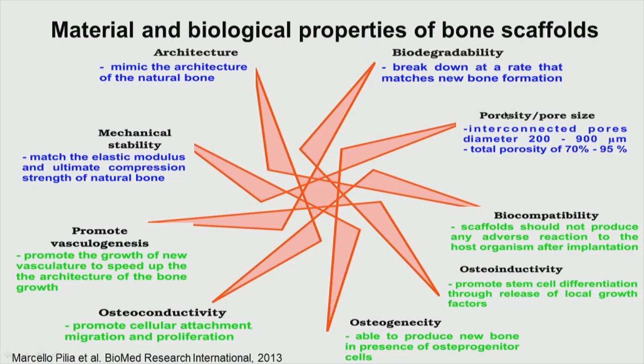So, we have the mechanical properties here and here, biological properties here and here, and then all properties related to the osteoinductivity, osteogenicity and osteoconductivity. So, it is quite a big challenge to develop materials for bone replacement.